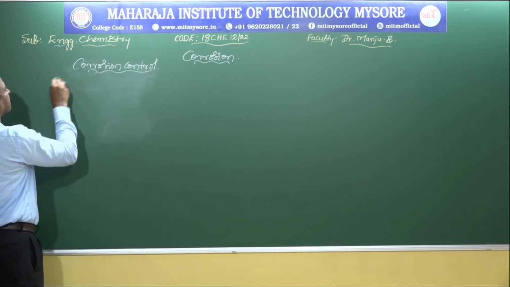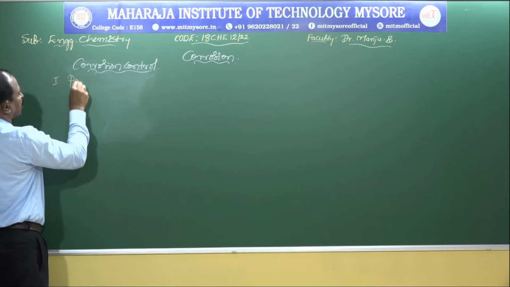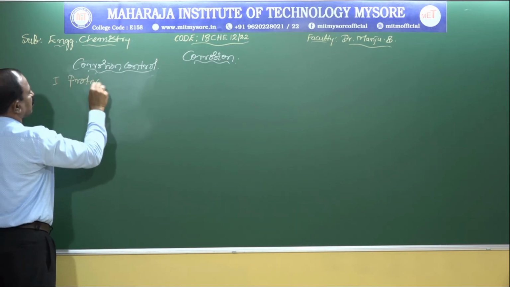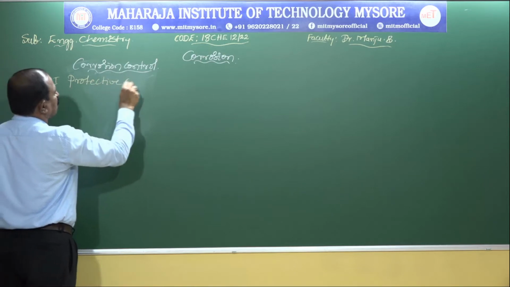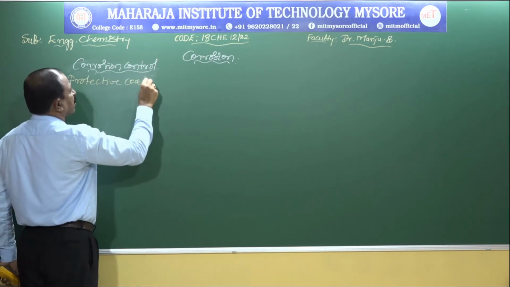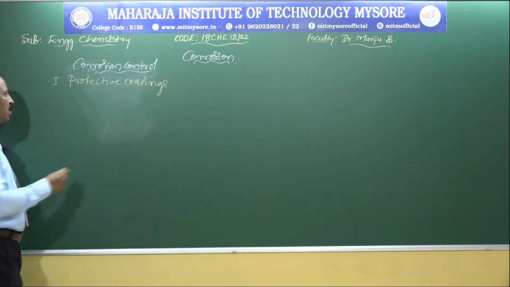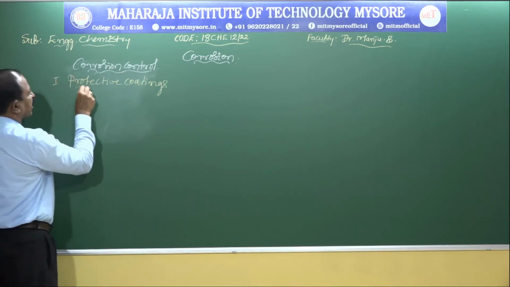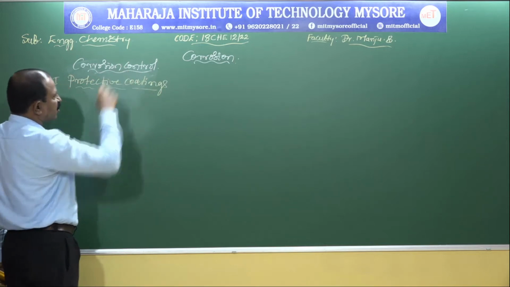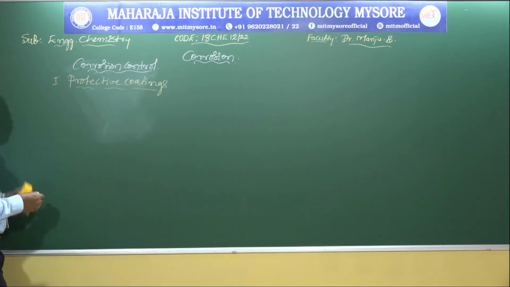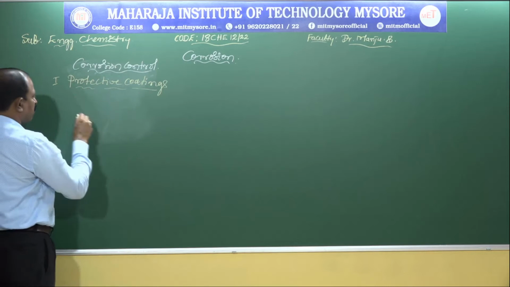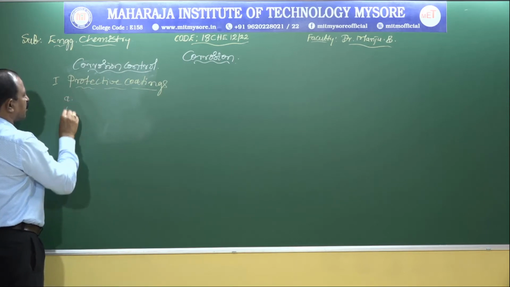The first is protective coatings. Coating of metal on metal or metal on alloy, these protective coatings make it easy to control the rate of corrosion. Under protective coatings, there are three subheadings.